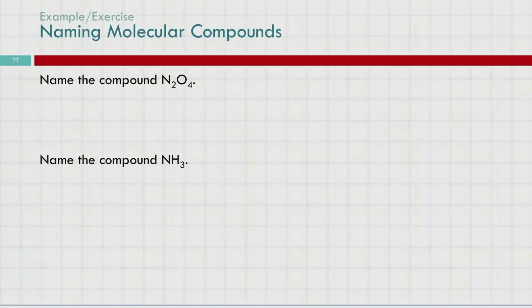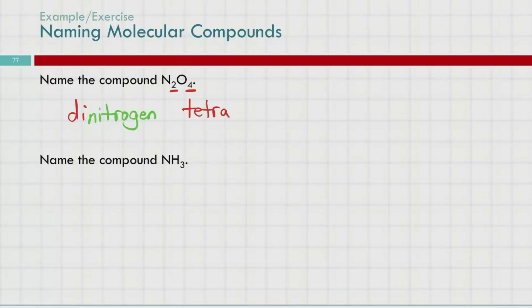So some examples, N2O4. What's our first element? Nitrogen. How many nitrogens do we have? We've got 2. What's our prefix for 2? Di. So dinitrogen. Our prefix for 4 for our oxygens is what? Tetra, like the fish.